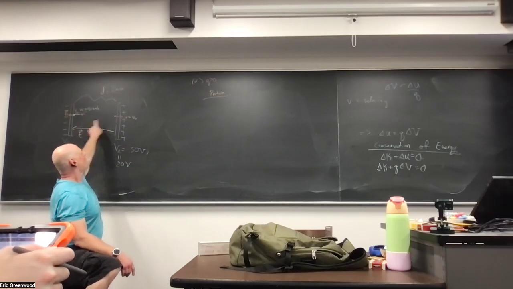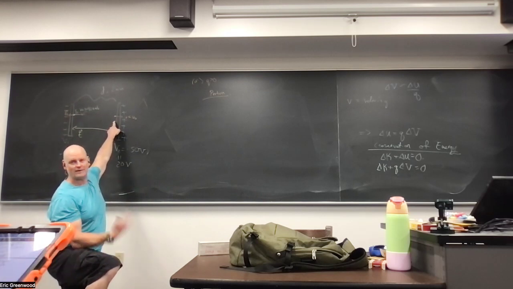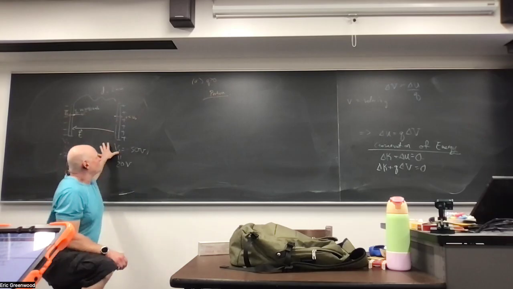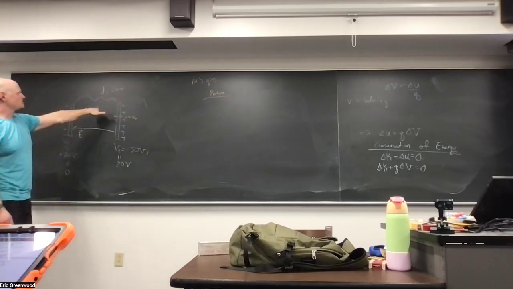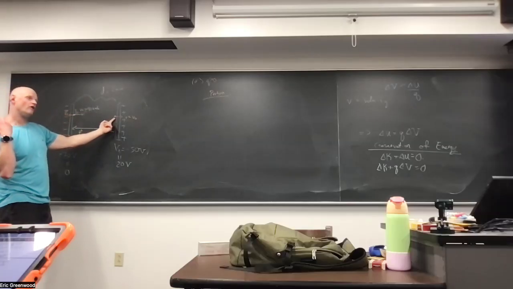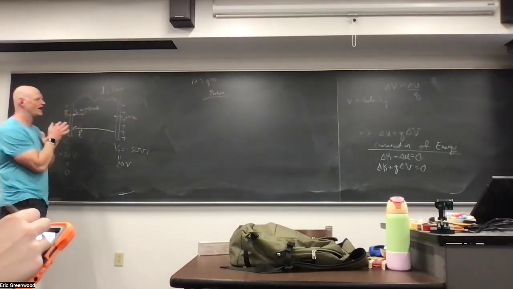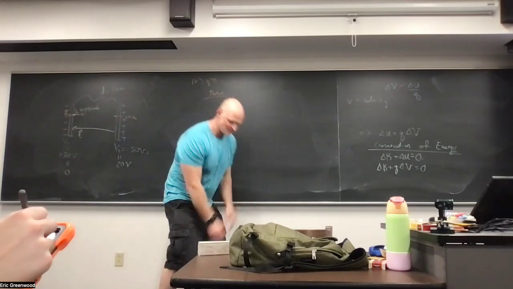Now, again, if this was a negative charge, what would be true about the velocity here? It'd be higher, right? So it'd be higher because again, the force would be in this direction in terms of forces, or because it's going from a low potential to a high potential, all negative charges want to go from a low potential to a high potential. Okay, so either way I want to look at it. But this guy turns out to be a proton, right?